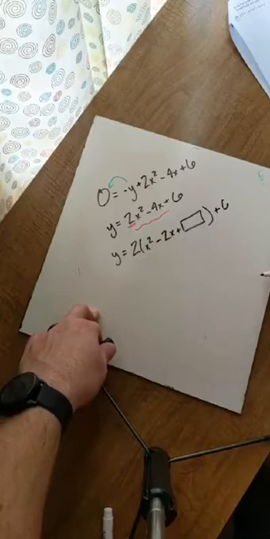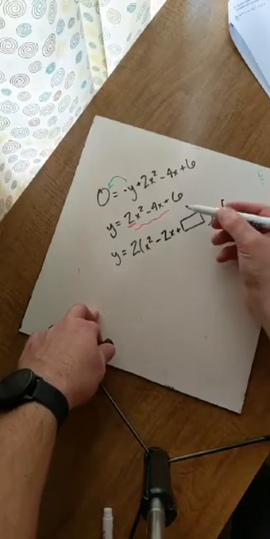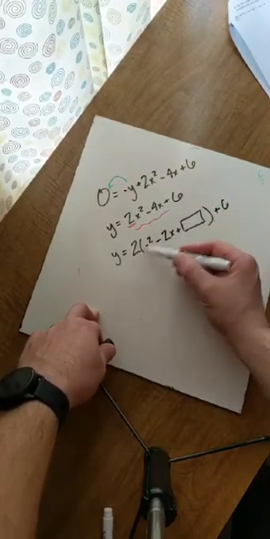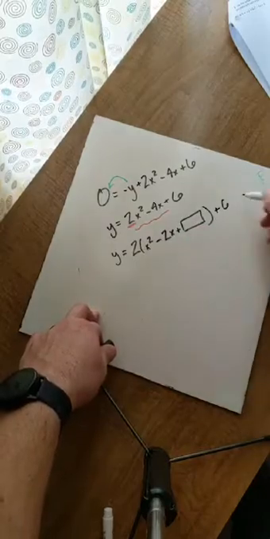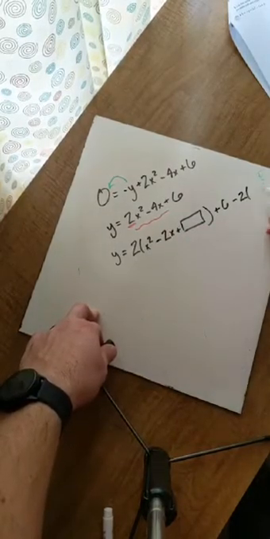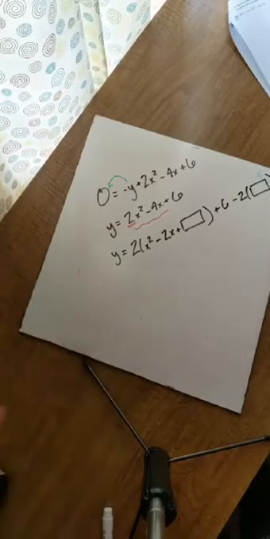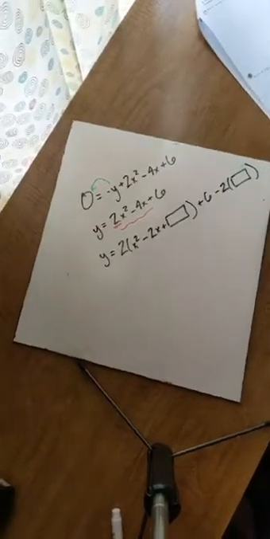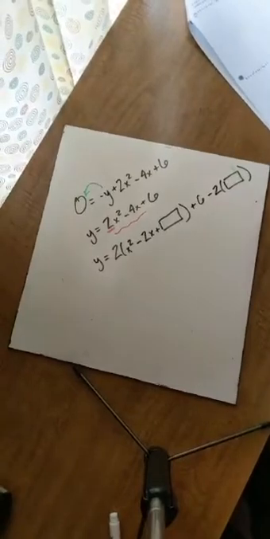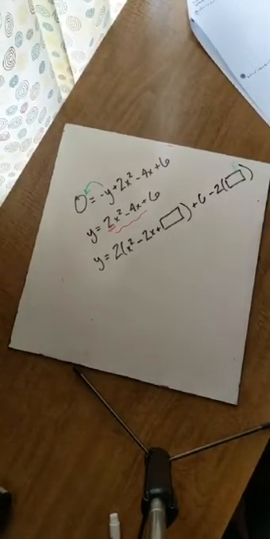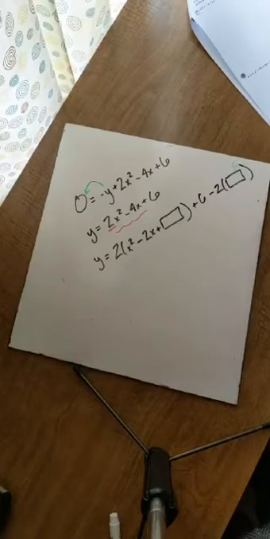The other thing we have to add here is, because we have a 2 times something added on, we're going to have to minus 2 times that same number in the blank. So the question might be, okay, what number goes in the blank? The number that goes in the blank comes from the middle number.